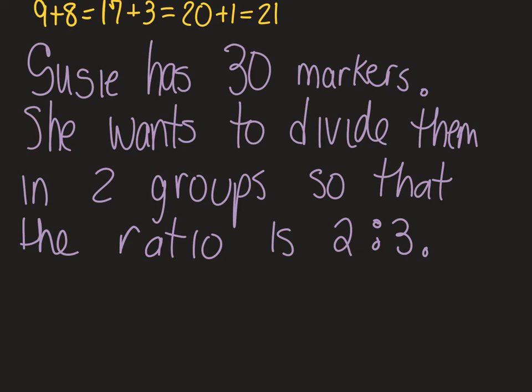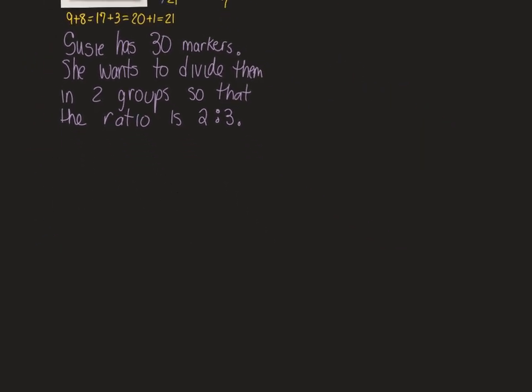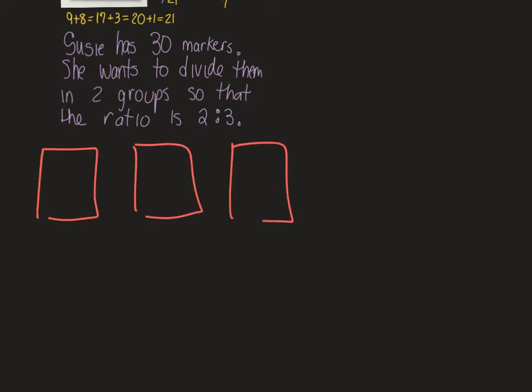So she needs to know, how many should go in each group? This is just the most confusing question ever. Let's see. If I had 2 to 3, wouldn't I have 5 groups all together?